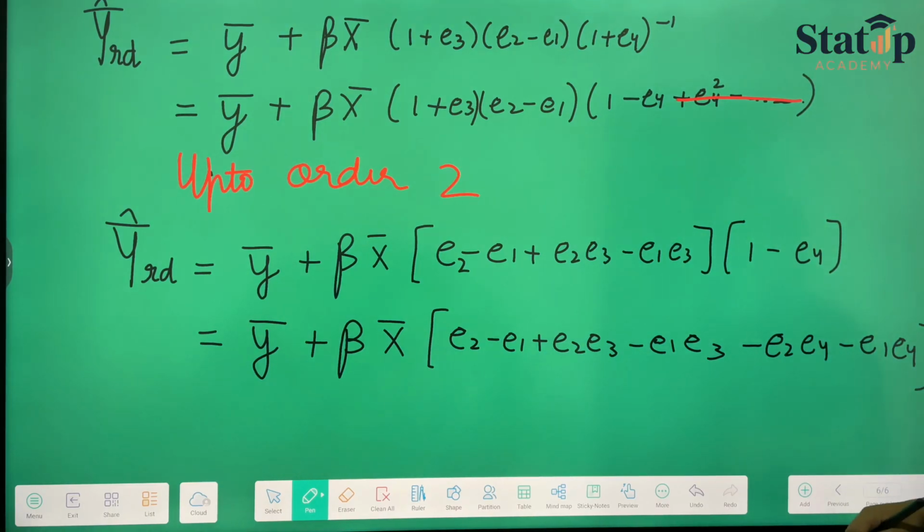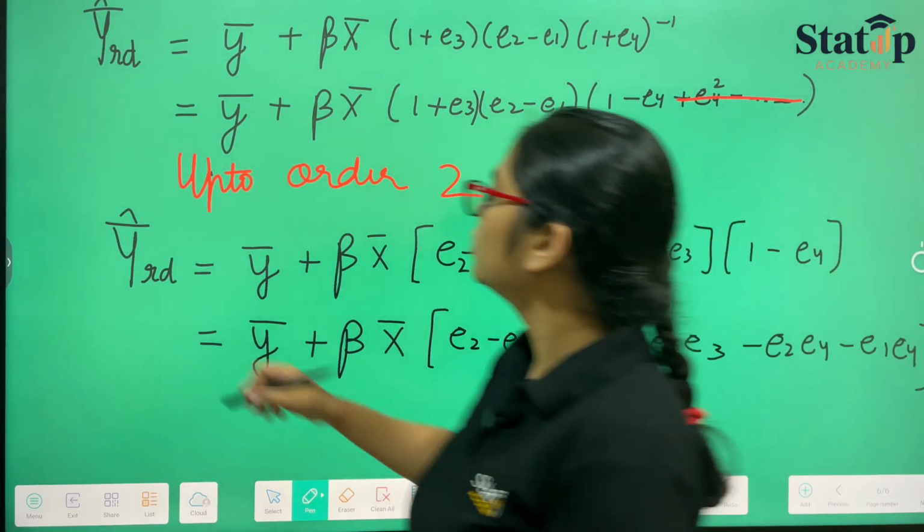The rest of the values are not considered because we are taking the approximation up to order 2.